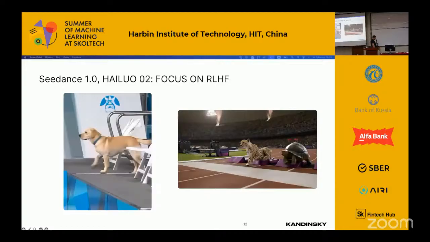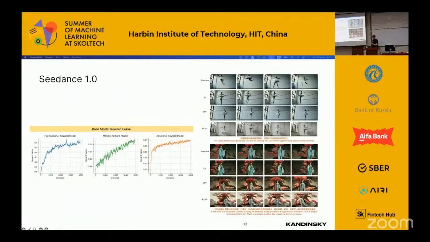But you see that the main focus of the current research here is to teach the model to reproduce the physics of our world, you know, to reproduce correct generations like you just, I don't know, have a camera and take some shot with that camera. So representing the physics is the main goal.